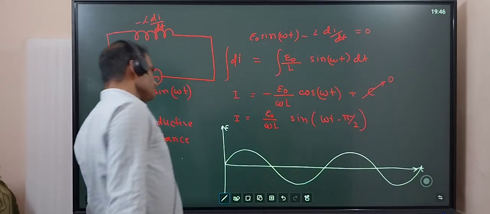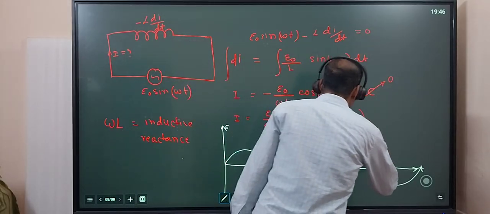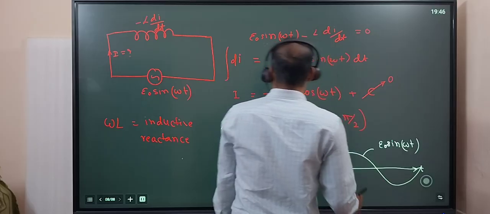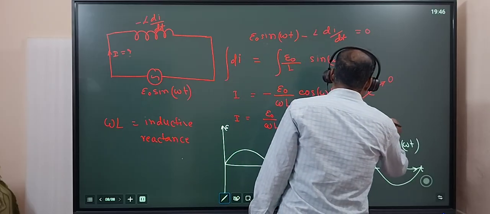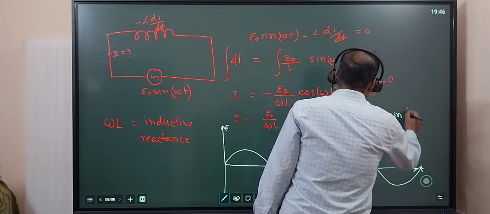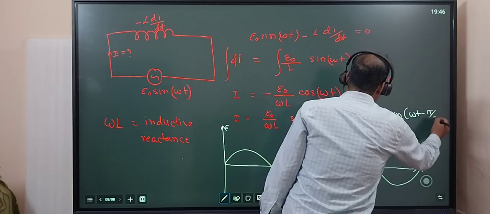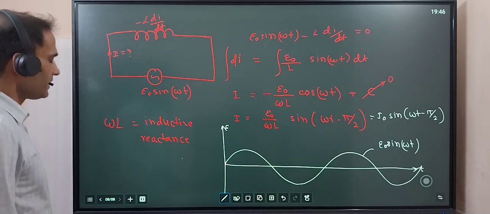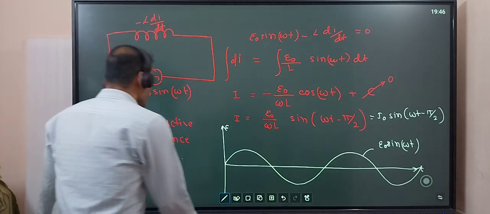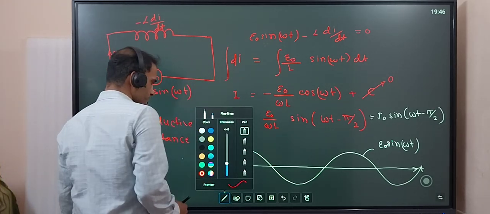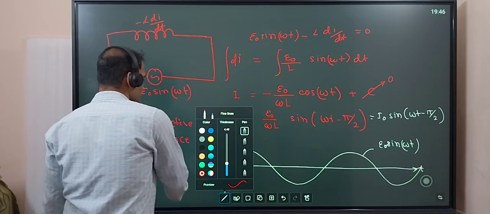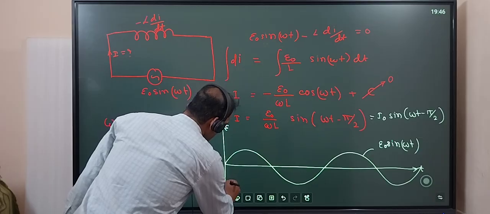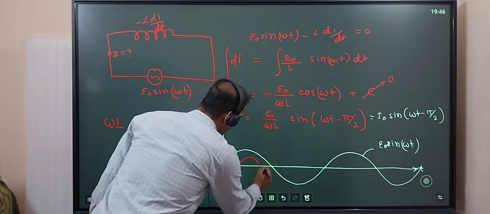That is EMF, E naught sine omega t, and then I will write I naught sine omega t minus pi by 2. So this is lagging. I will draw this lagging part here in red, so it will look like this. It will look similar.